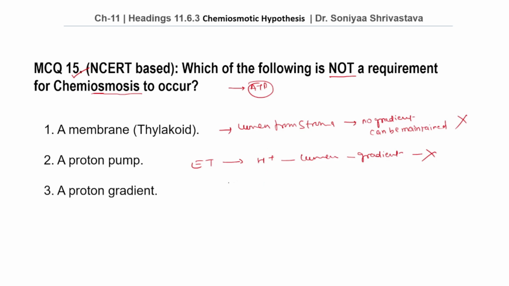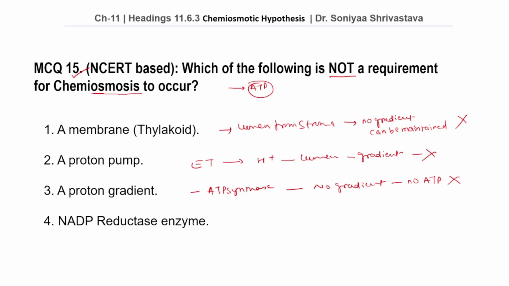Option number 3, proton gradient. ATP synthase works only when protons flow down a concentration gradient. No gradient means no ATP production. So this is also essential in chemiosmosis. Therefore, this is also the wrong option.